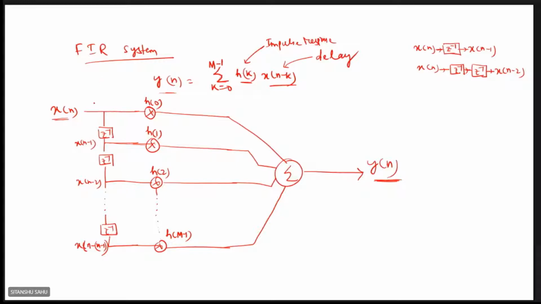So if I give x of n at the 0th instant, this value will go over here. So what was here? 0 minus 1, so that means 1 unit delay, one time duration delay. So it will be x of minus 1.